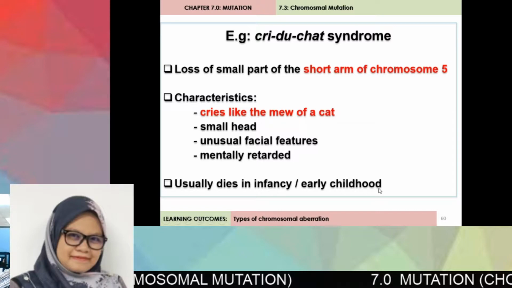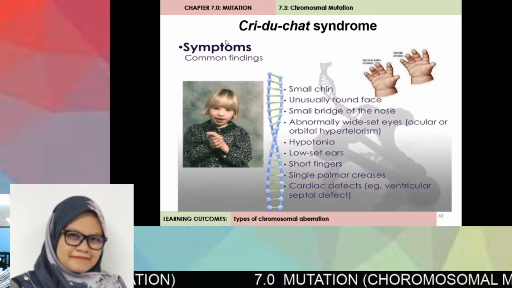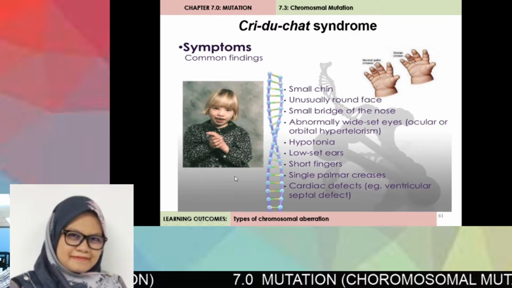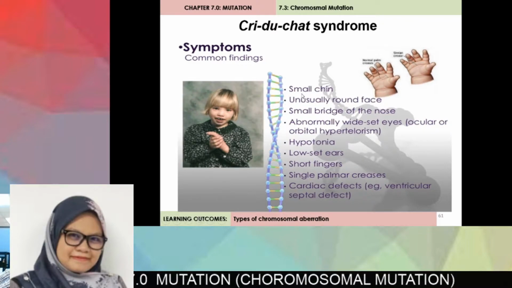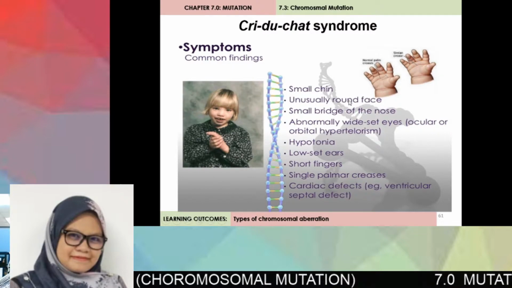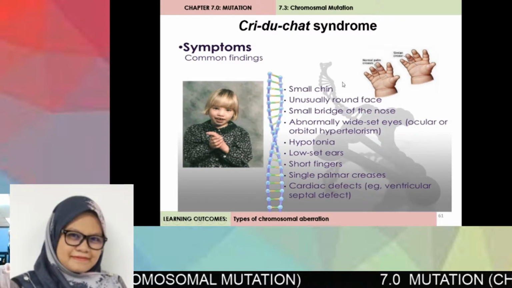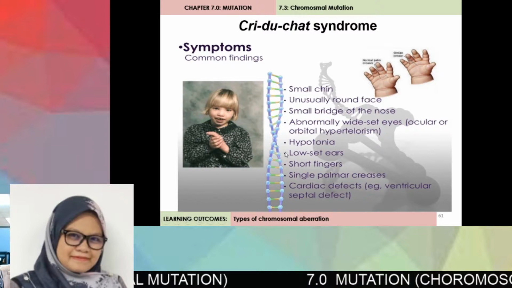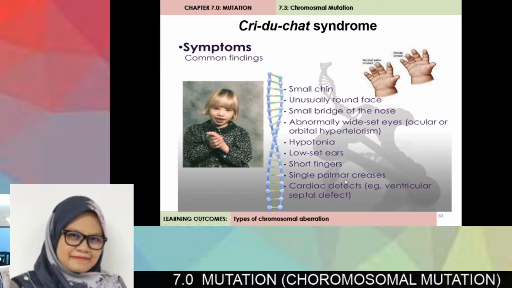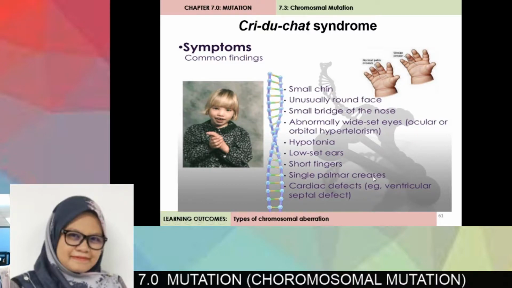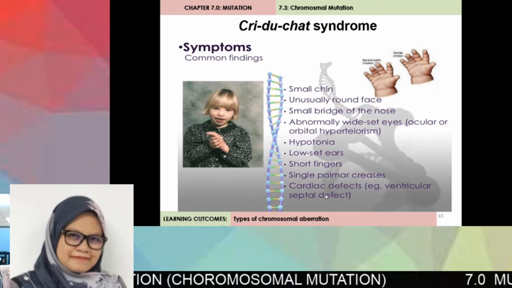So these are the symptoms of Cri-du-chat syndrome. Usually they have a small chin, unusual round face, a small bridge at the nose, abnormal wide set eyes, hypotonia, low set ears, short fingers, single palmar crease, and cardiac defect, for example ventricular septal defect.